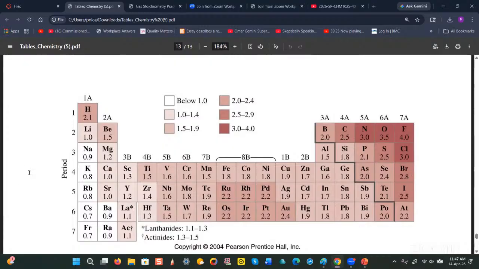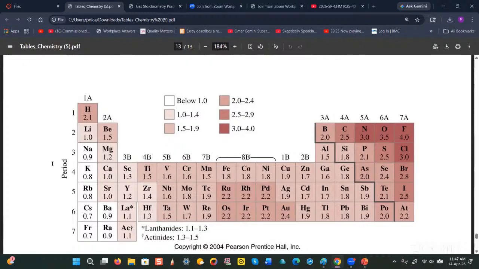So as you can see here, fluorine is the most electronegative element that there is, right? It has a maximum value of 4.0. Now, what you'll find is that if you go from left to right of any period, the electronegativity increases. For example, going back to period 2, the electronegativity increases as you go from left to right.